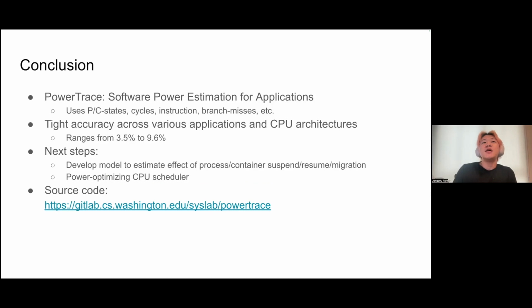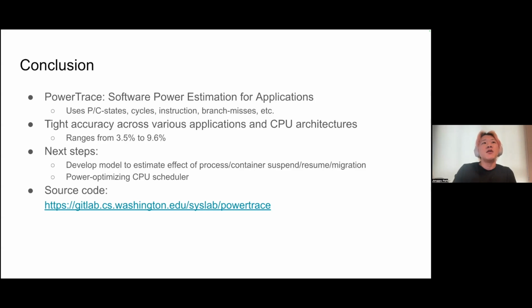In conclusion, I introduced our new power estimation tool called PowerTrace. And we also have verified our tool across multiple CPU architectures and showed less than 10% errors when the training data and test data are entirely from different sets.